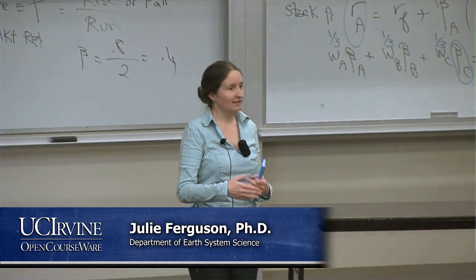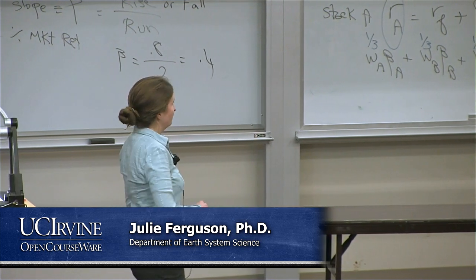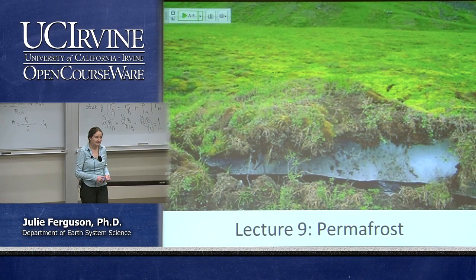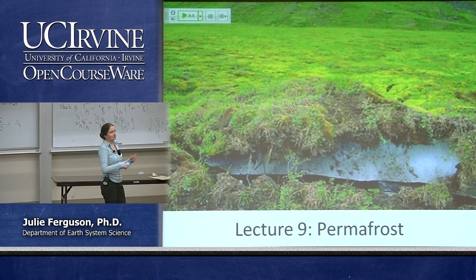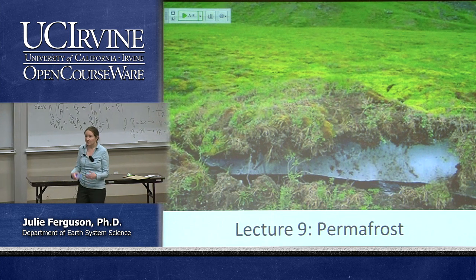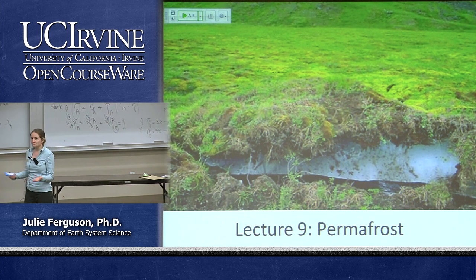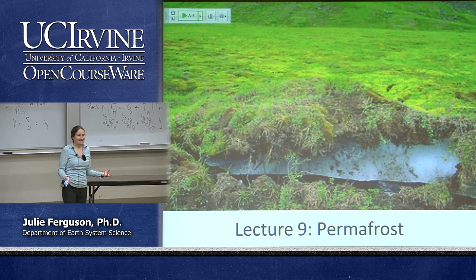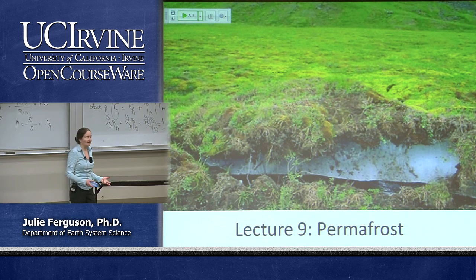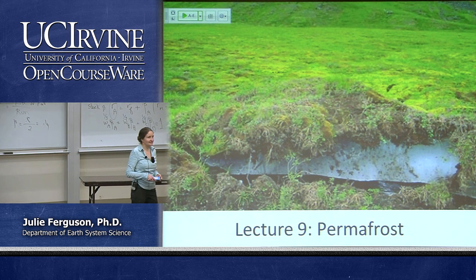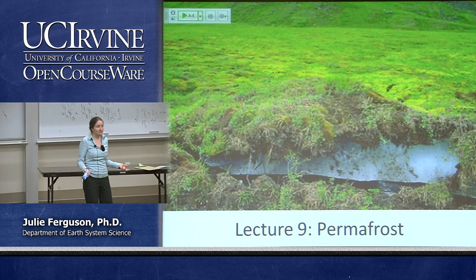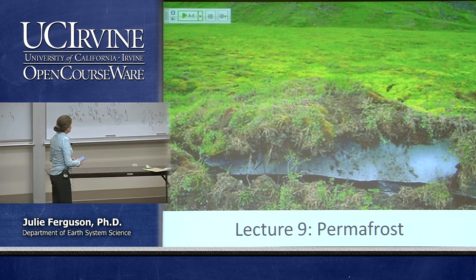But we're going to move on now from snow, which is that sort of frozen water in precipitation form. And we're going to talk this week about permafrost. If you think about it, it makes a lot of sense that when ground gets so cold, it freezes. But obviously, we live in a place where it doesn't often get that cold, and so it's not something that automatically occurs to us as something that is really important for the Earth system, but it is.